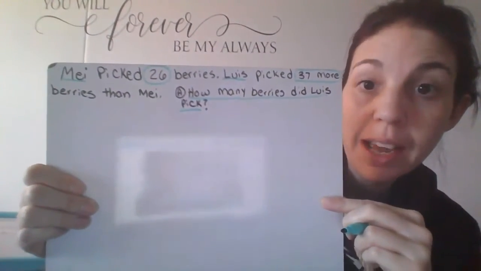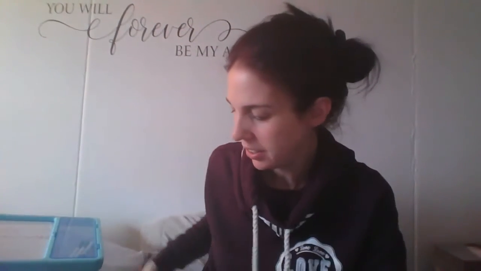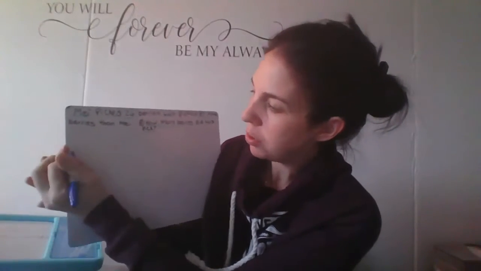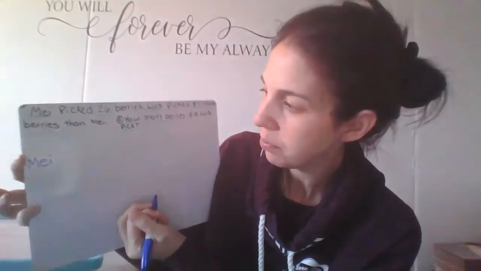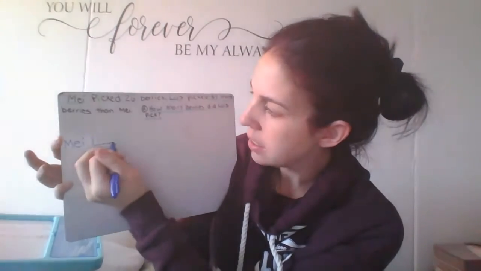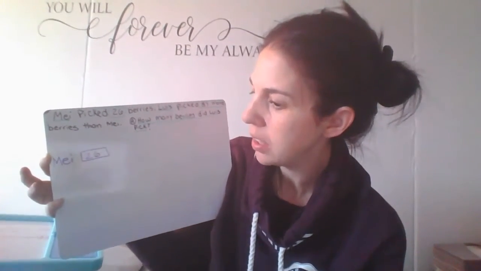All right, so now I'm going to start my tape diagram. And I'm going to use a darker color so it's easy to see. I'm really excited. I got these new colors to make things a little more exciting for you guys. All right, so I'm going to label my first one with Mai's name. And we know that she picked 26 berries. Okay?